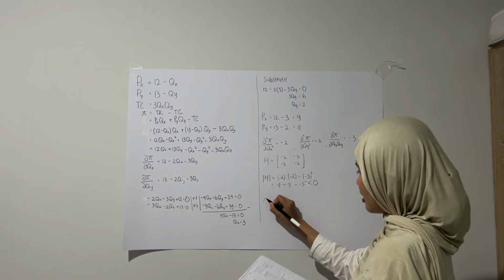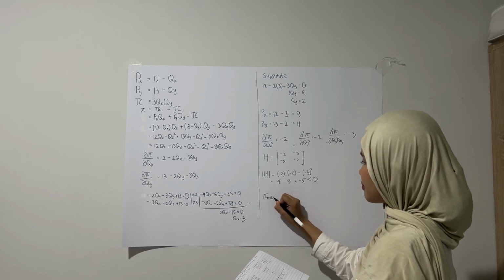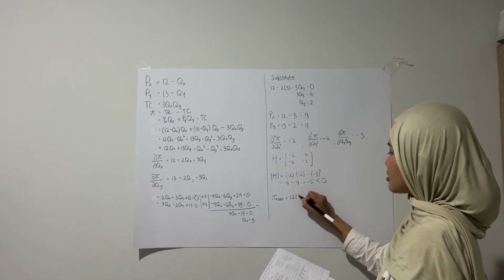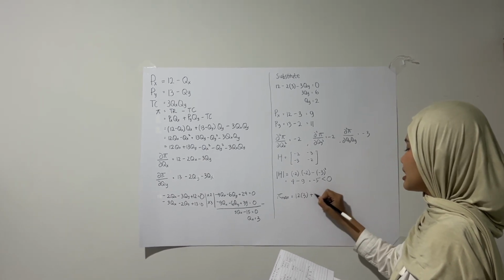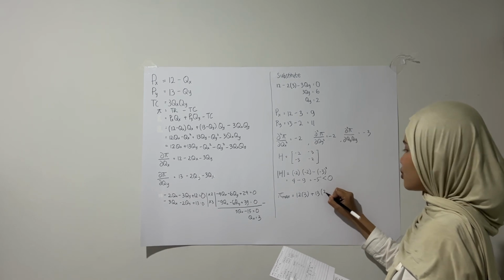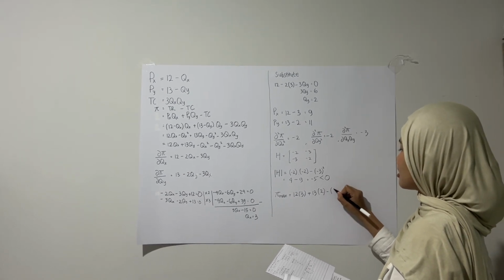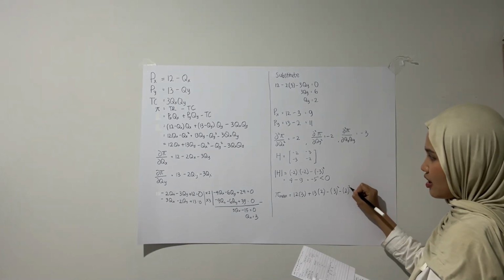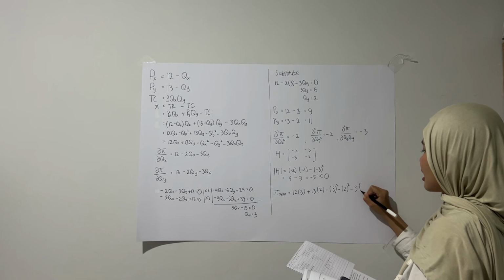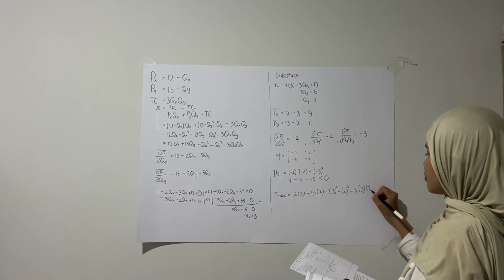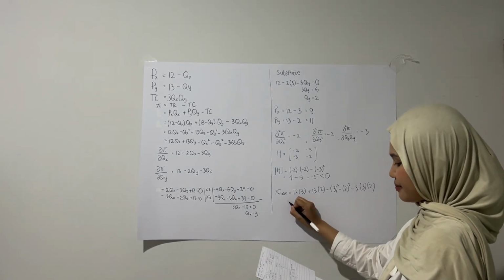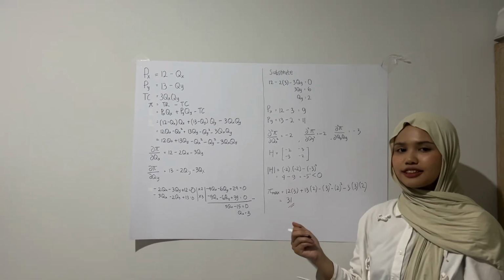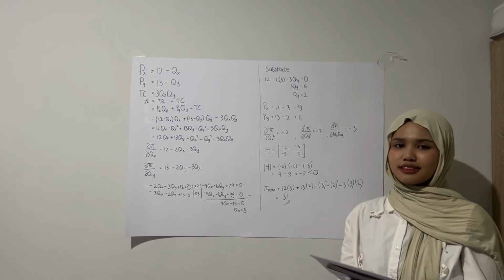So, we get V max equal 12 times 3 plus 13 times 2 minus 3 squared minus 2 squared minus 3 times 3 times 2 equal 31. So this is the final V max.